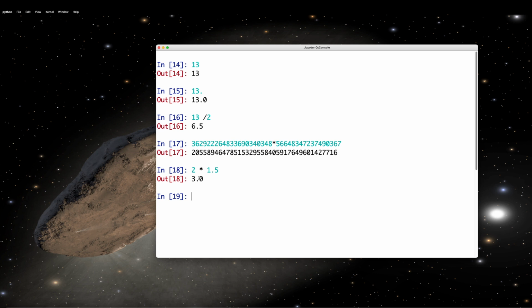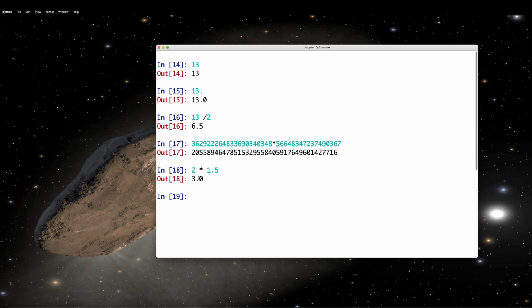The next set of numbers that I want us to look at is what we call complex numbers. Complex numbers in Python, for anyone who has a background in engineering or natural sciences, are made up of the real part and the imaginary part.